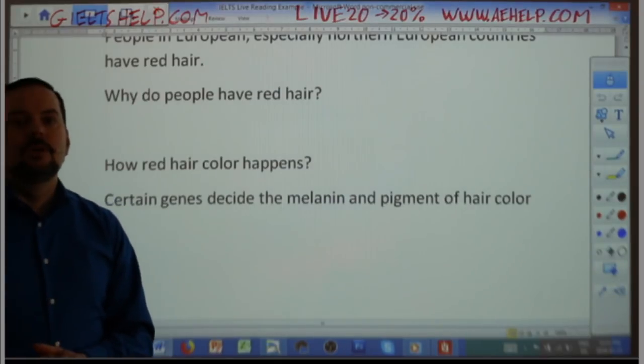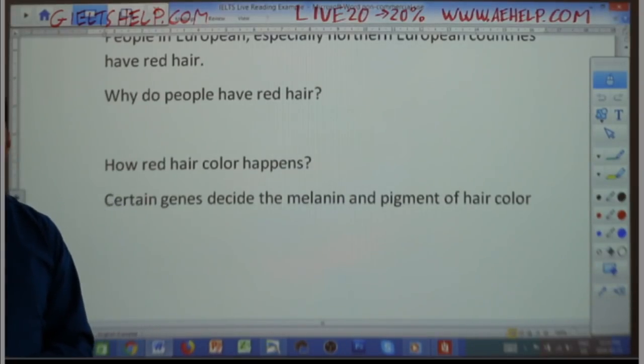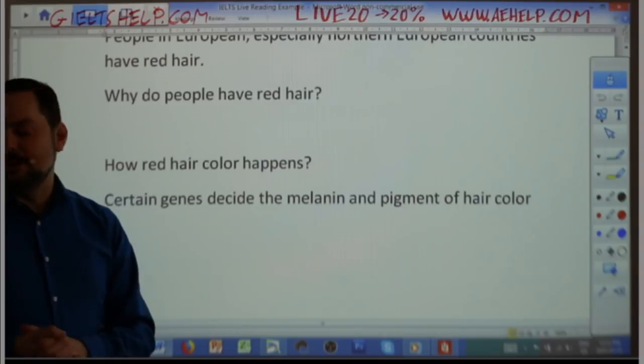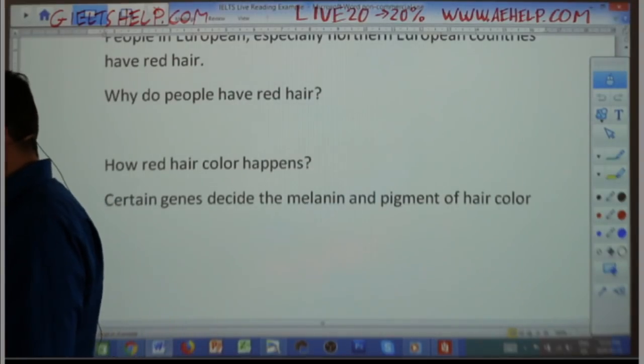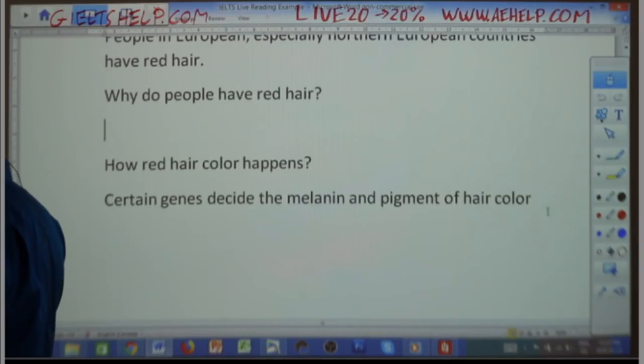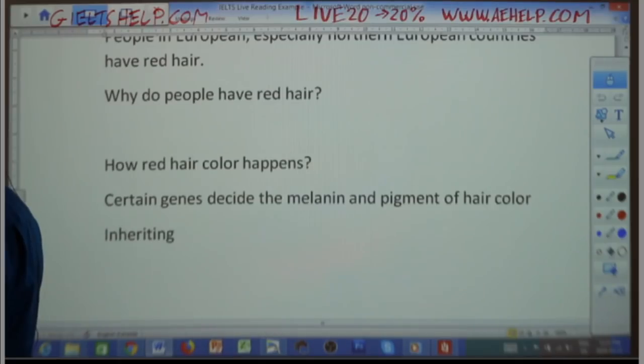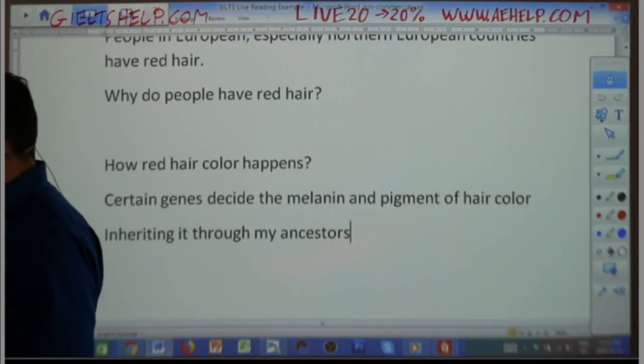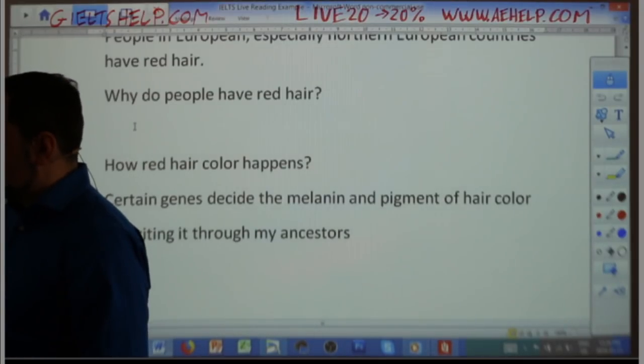And here we're looking more for the why answer. So why do people have red hair? So not just how do I have red hair through my genes and through inheriting it from my parents, hint, hint. But why do I have it? So why would I have red hair?